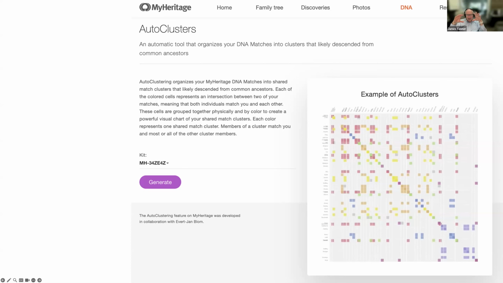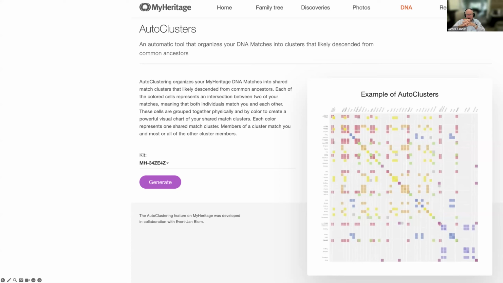Now, what that means is that when you have a lot of people that you find are related, then you can go through the process of building a chart showing how your people are all related.